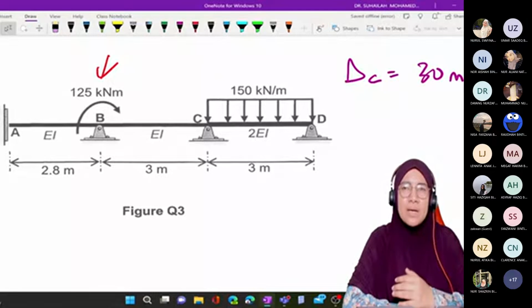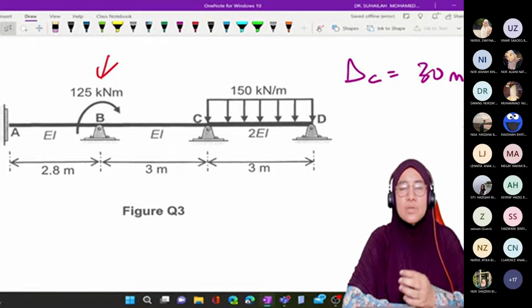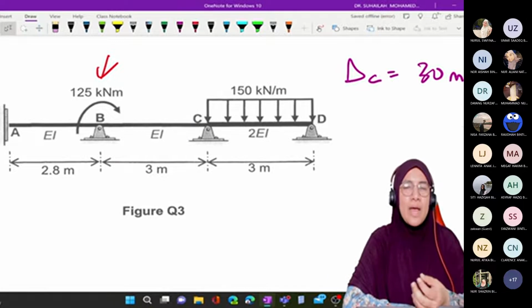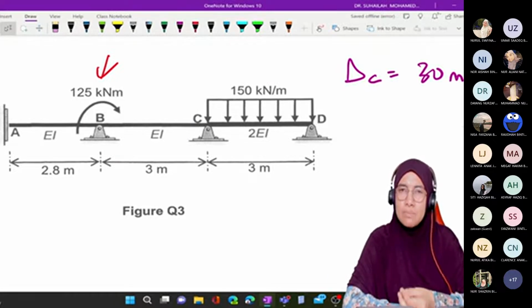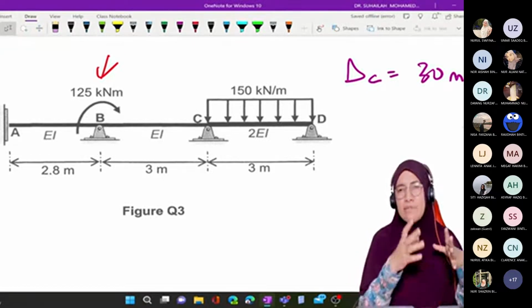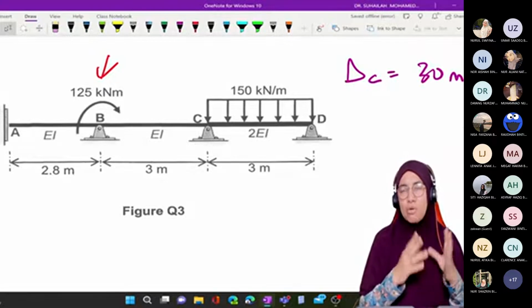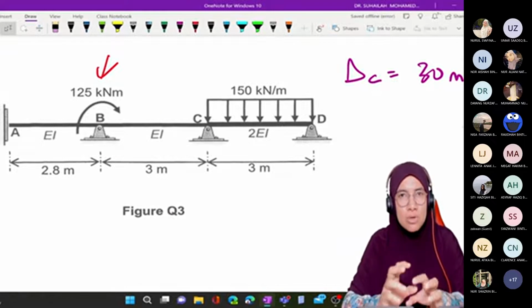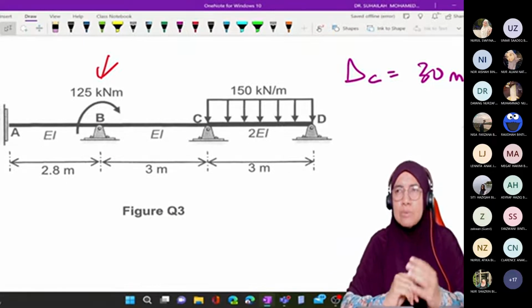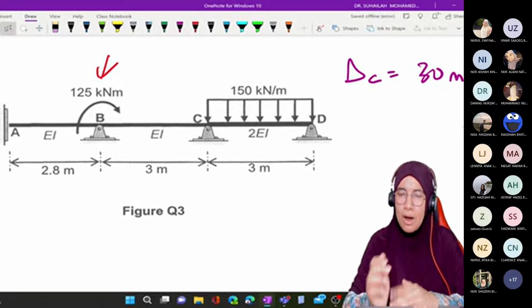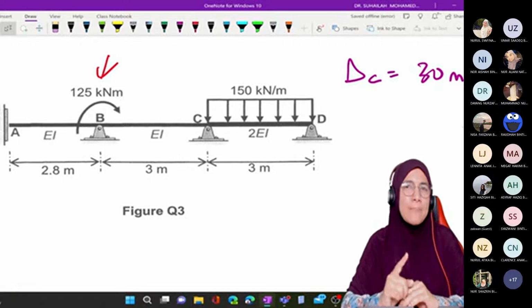So we add FEM due to external loading plus FEM due to delta, put the total FEM into the table, then distribute moment and get the internal moment, or the output, using one table only.